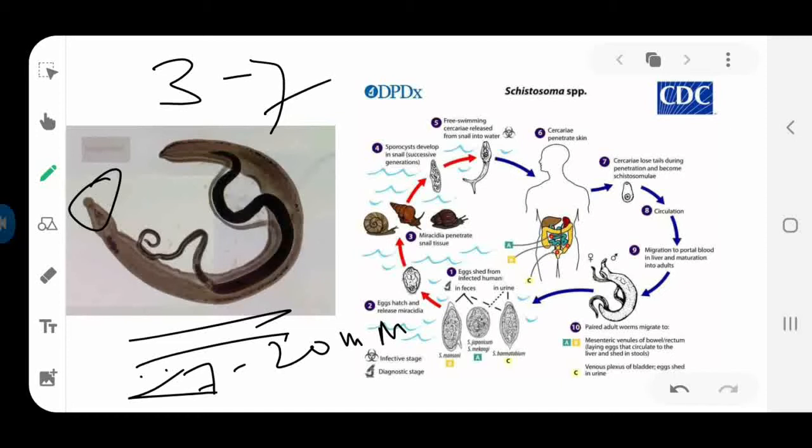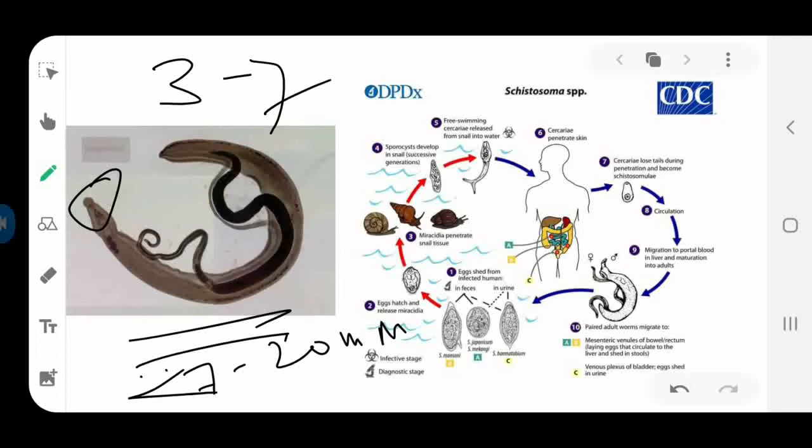You cannot find any symptoms. A local cutaneous hypersensitivity reaction following skin penetration by cercariae may occur and appears as small itchy maculopapular lesions.